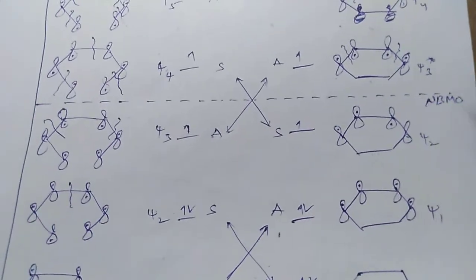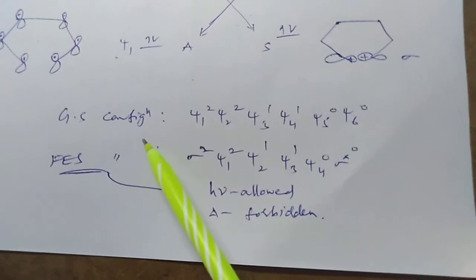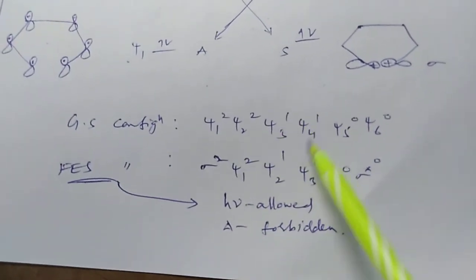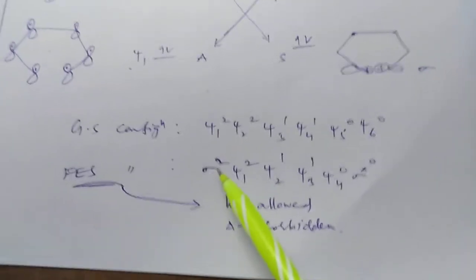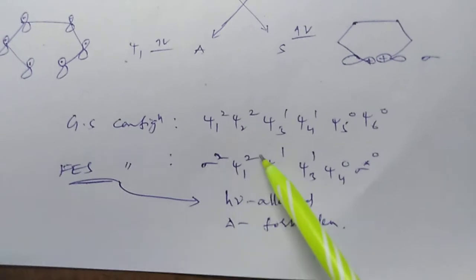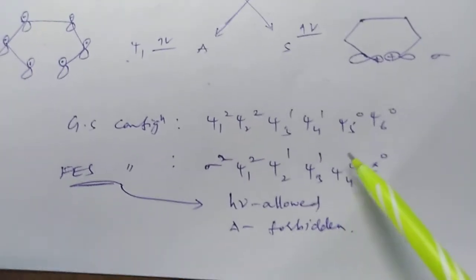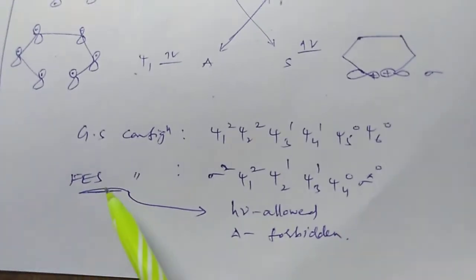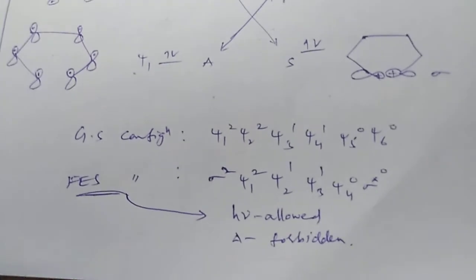These are the non-bonding molecular orbitals. Now you see the ground state configuration: Psi1 has 2 electrons, Psi2 has 2 electrons, Psi3 has 1, Psi4 has 1. For the first excited state configuration: sigma bond 2 electrons, Psi1 2 electrons, Psi2 1 electron, Psi3 1 electron, Psi4 0, anti-bonding 0 for the sigma bond. The first excited state configuration is photochemically allowed, thermally forbidden.